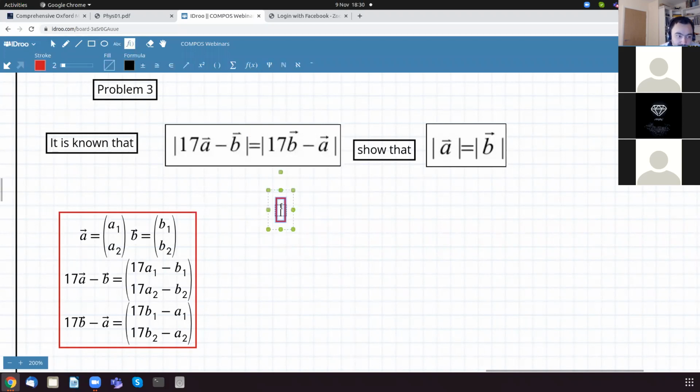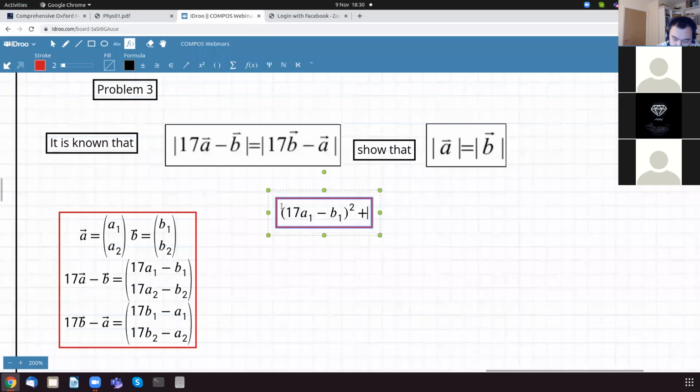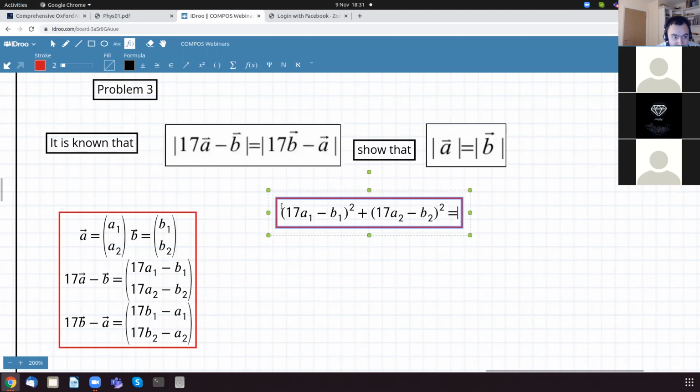So basically what you do is you write down (17a1 minus b1) squared plus (17a2 minus b2) squared. It's not a particularly sophisticated problem. You just need to do it very carefully.